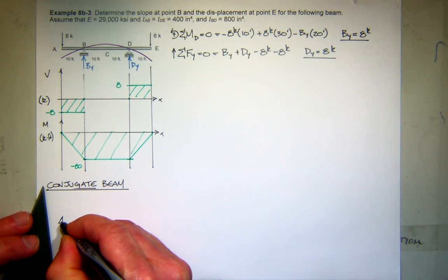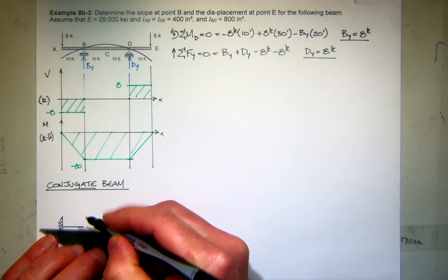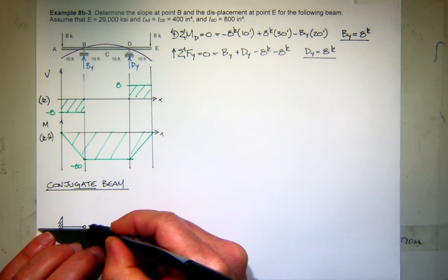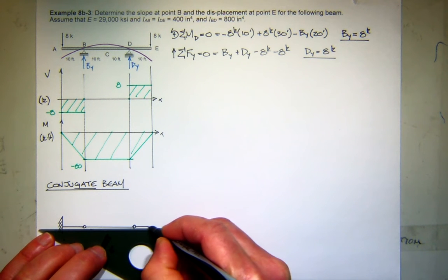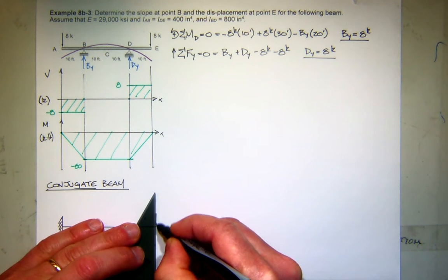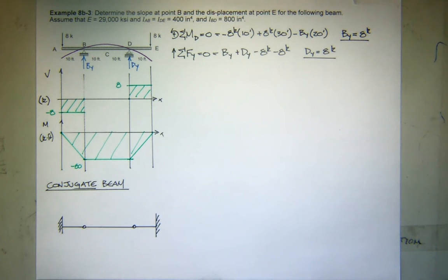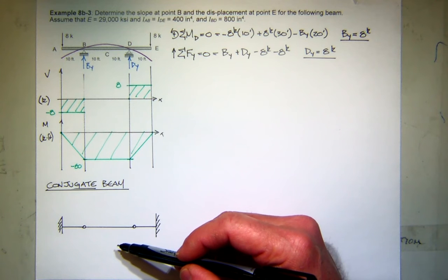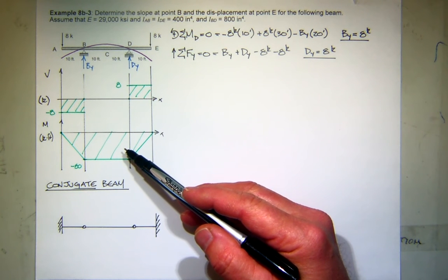A mess. So I've got a beam to a hinge, to a hinge. That looks nice, doesn't it? Yes, there you go. And then I have to apply to that what? The moment divided by E and I.